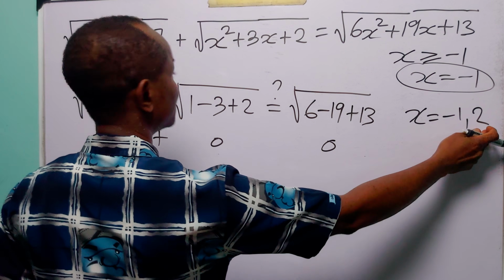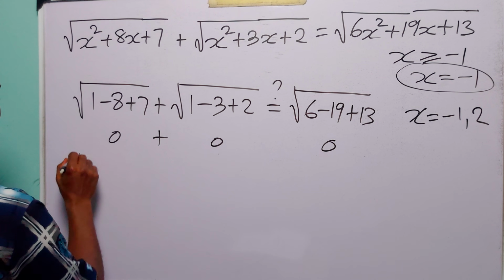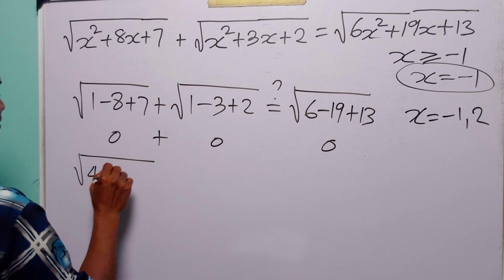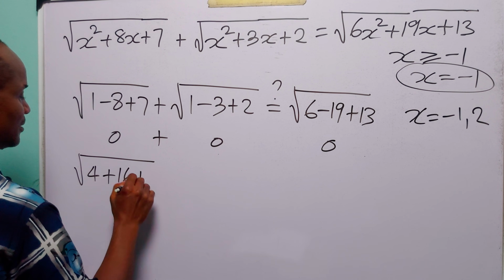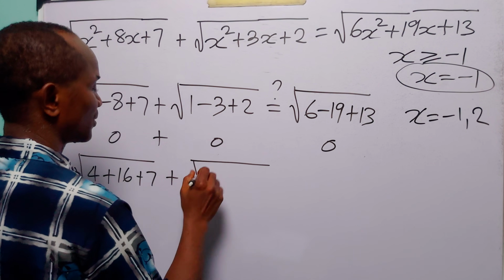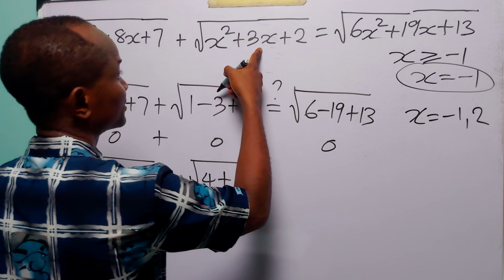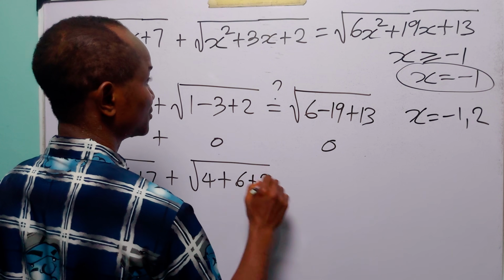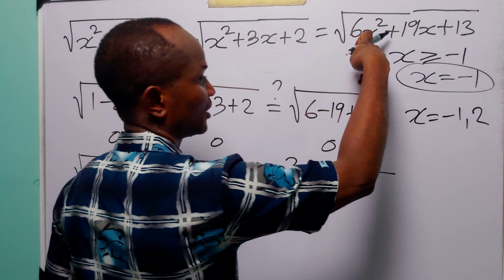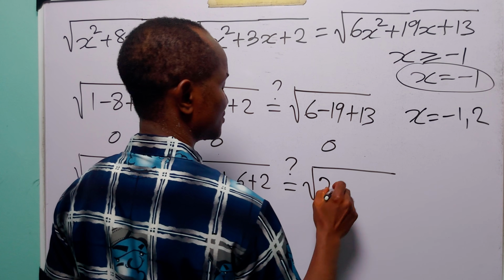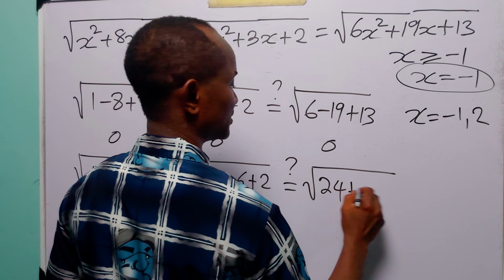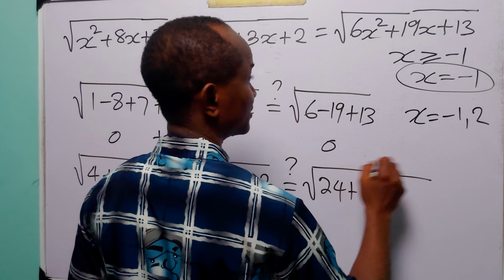When x is equal to 2, here we have the square root of 4 plus 16 plus 7 plus the square root of 4 plus 6 plus 2. Here we have the square root of 4 times 6 is 24. 19 times 2 is 38.